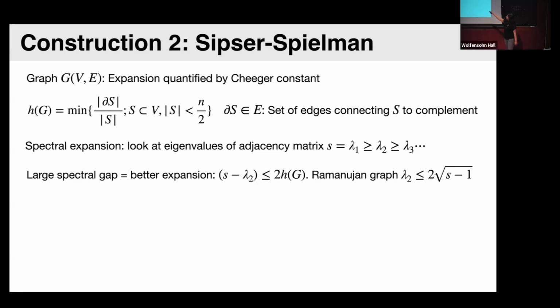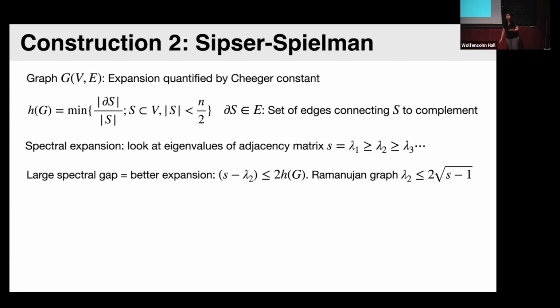If the graph has fixed degree, you can show that the first eigenvalue is always set by the degree, and then the other eigenvalues are decreasing. If you look at the gap of this adjacency matrix, which is λ1 minus λ2, then the bigger this gap, the more expanding your graph is. In fact, you can bound this Cheeger constant by the gap of this expander graph.